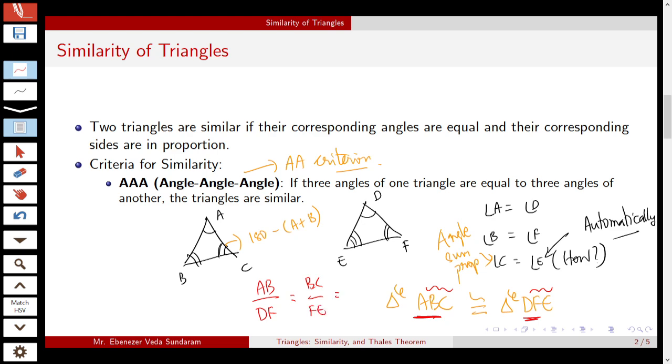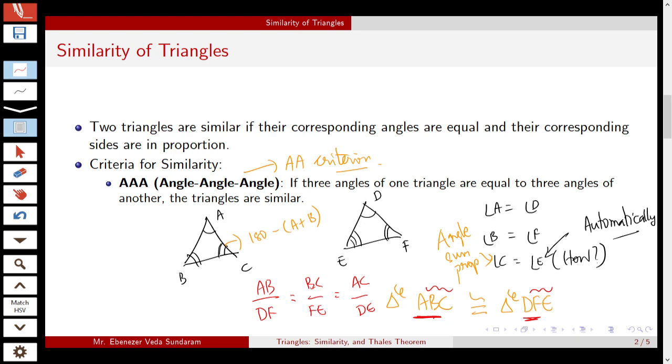It's just a line segment, so measuring from F to E or E to F gives the same length. The order of writing similar triangles is very important, but for line segments writing EF or FE doesn't make any big mistake. And then the last thing is that side AC and side DE are also in the same proportion, right?